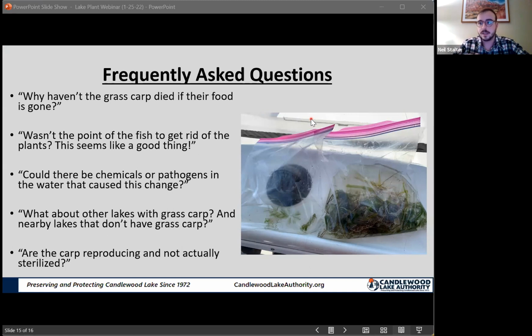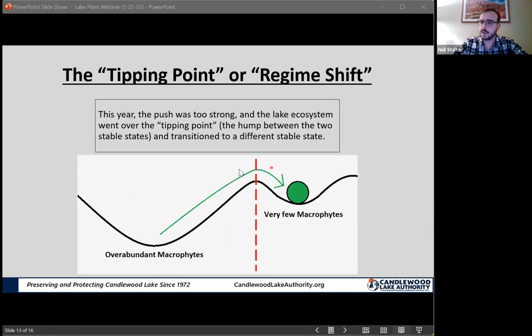The ecosystem now is going to want to try to stay in the stable state of plants. Now the hope is that it's a little less stable than maybe we think, and some natural death of the fish, a milder winter, some small factors might be enough to push that stable state back over the hill, like we were talking about, and back into this more stable state of overabundance.